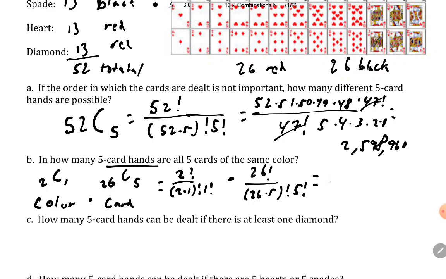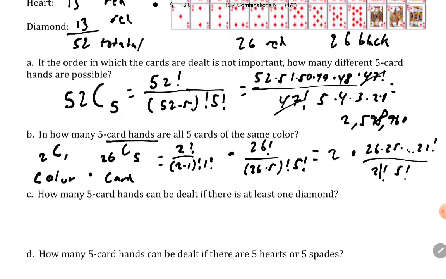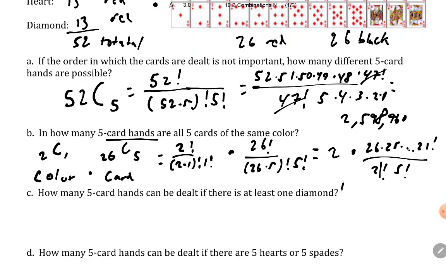So the first one is just 2, because 2 over 1 is 2. And then the second one is 26 times 25 times dot dot dot to 21 factorial over 21 factorial 5 factorial. So that'll equal 131,560.